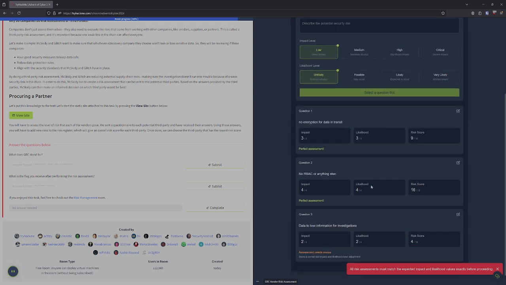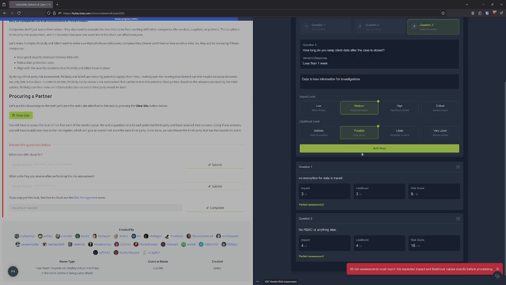Let's say this is correct, but impact and likelihood need adjustment. Score is correct, but impact and likelihood need adjustment. Impact and likelihood.